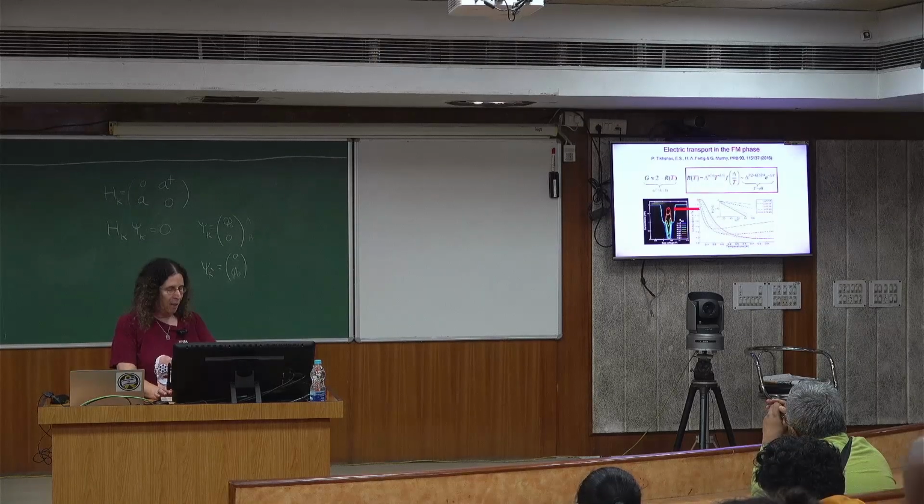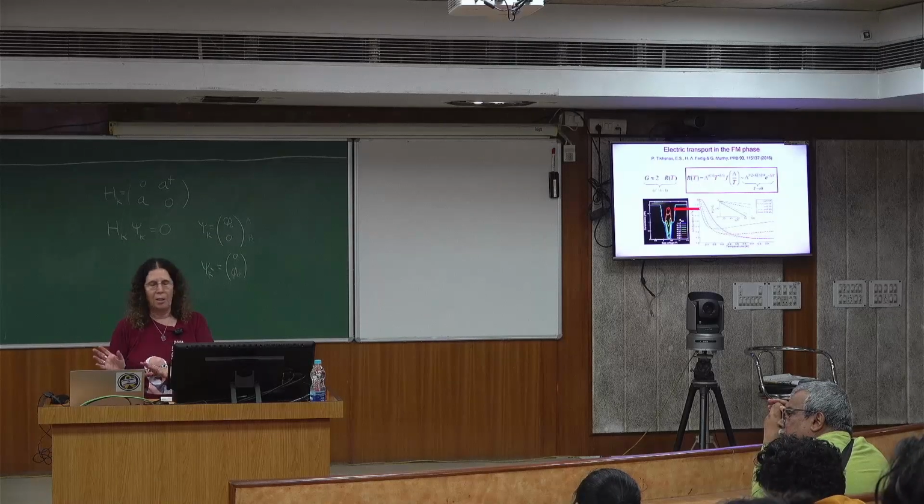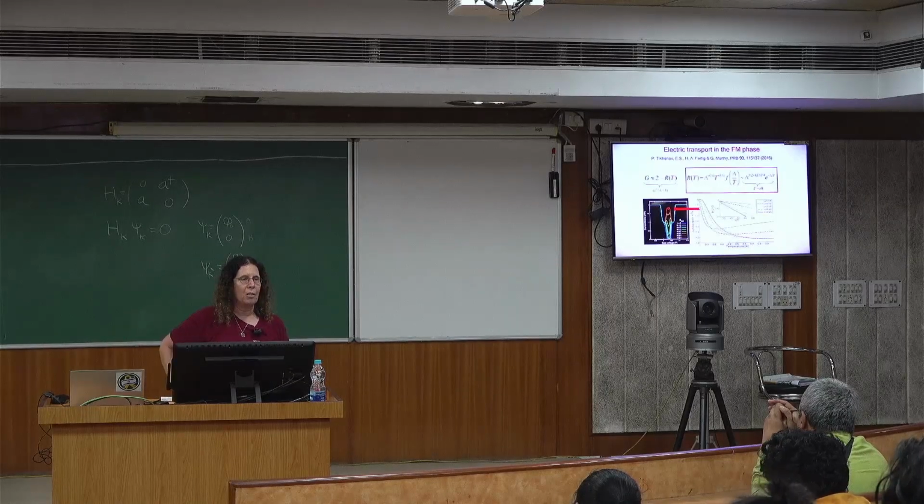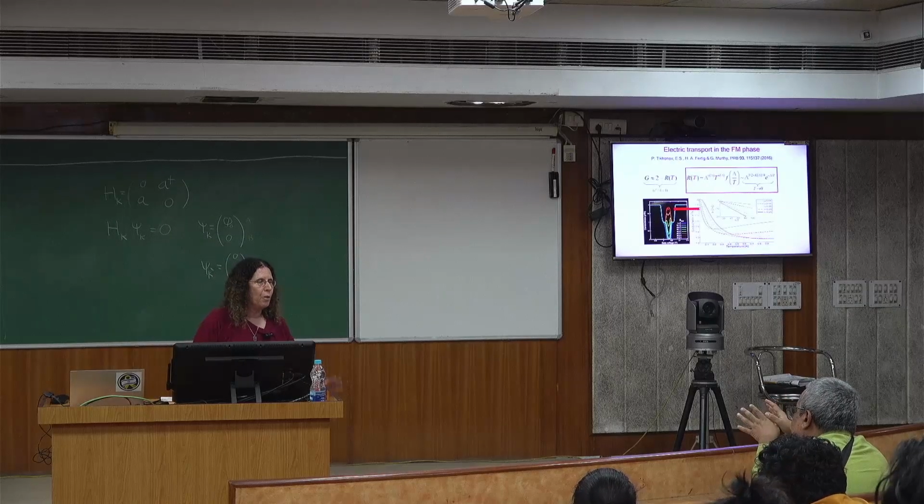So this completes the story of the canted antiferromagnet and ferromagnet. Everything appears to be consistent as much as data is available from transport.